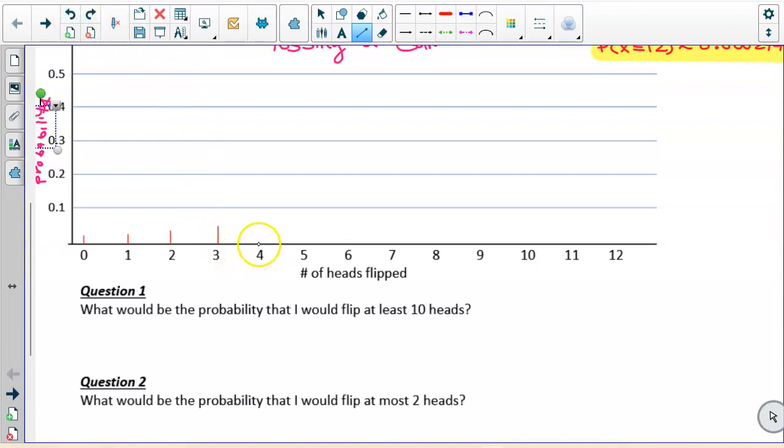Okay, 4 had a probability of 0.12, so I'm actually going to go above 0.1 a little ways. 5 was 0.19, so that's almost 0.2, so I'm going to go to here, really close to that line. 6 was 0.225, so I'm going to go above 0.22, is above 0.2. And then 7 was 0.194.